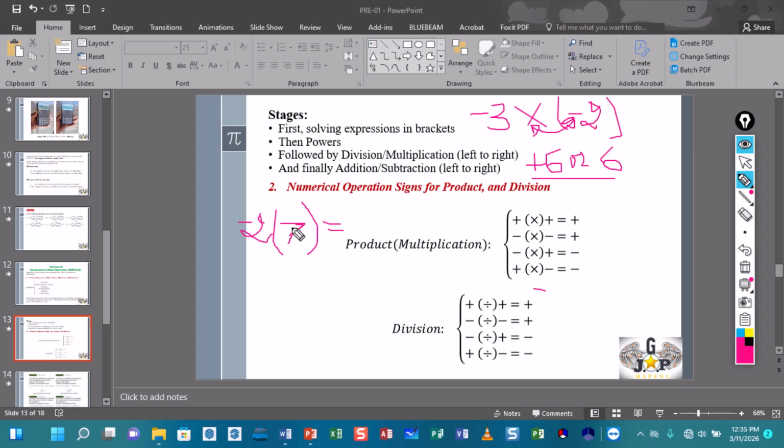Remember what I said, when a whole number or relative number doesn't have a sign, there is a plus assigned to it automatically, which means that this number is positive, right? So we start by multiplying the signs first. Minus times plus gives us minus. We are abiding by this law. 2 times 7 gives us 14. So you solve the signs first, then you solve the numbers, the digits. That's it. This is how we do it.